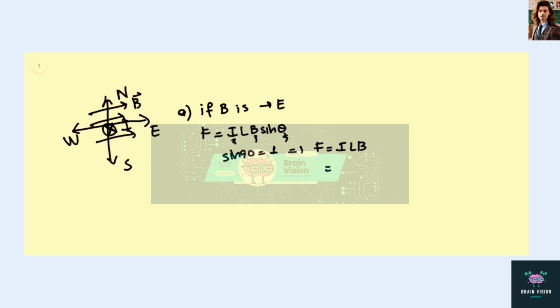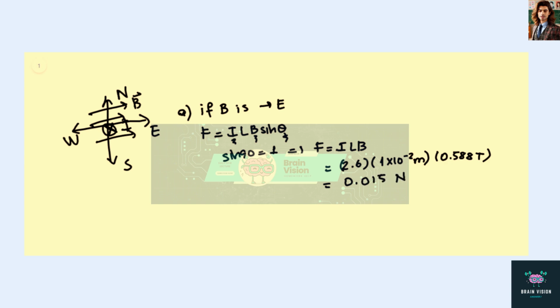Magnitude-wise, we can do the calculation because I is given to us as 2.6 and L is 1 centimeter, so let's convert that to meters. Then we have the magnitude of the magnetic field, 5.588 Tesla. If we do the calculation from here, we're getting a small force, in newtons. Now let's look at the direction of this force.